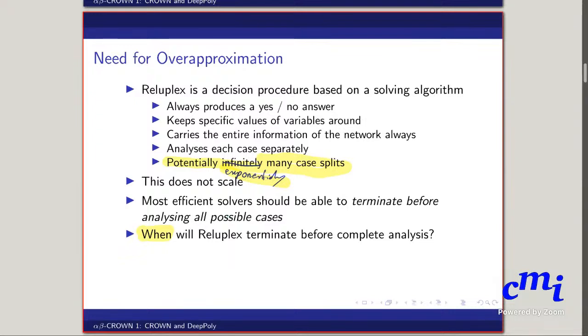What is the situation where the Reluplex algorithm as is going to be able to say that the network is safe before exploring all possible case splits? Any guesses? What kind of situations?